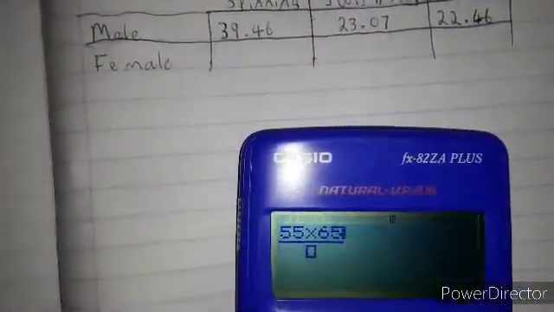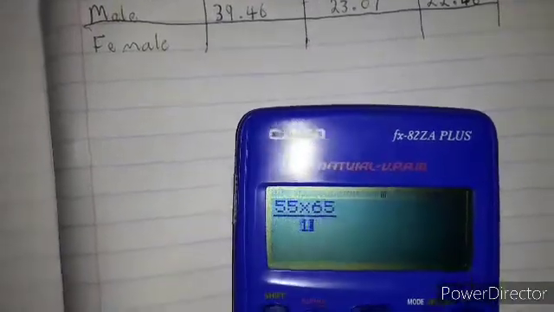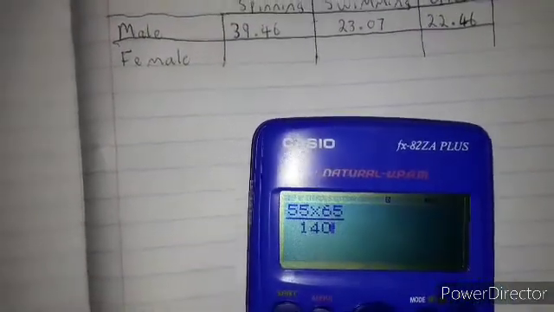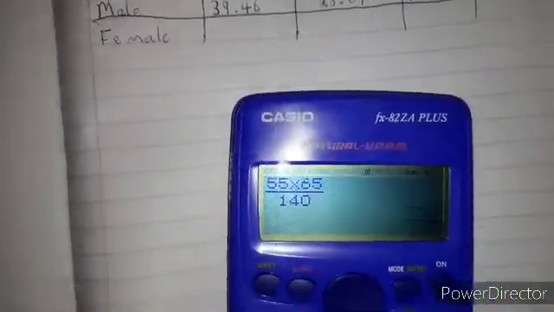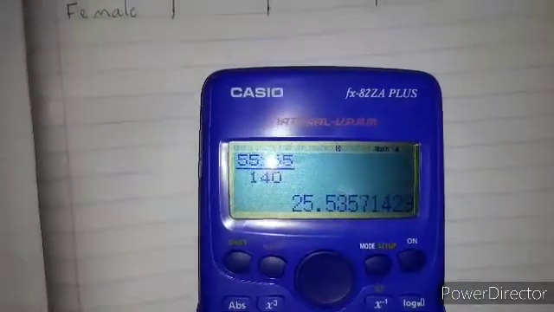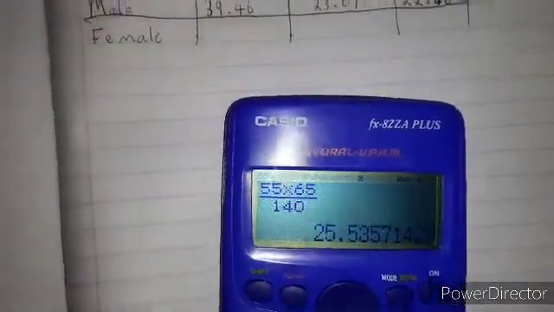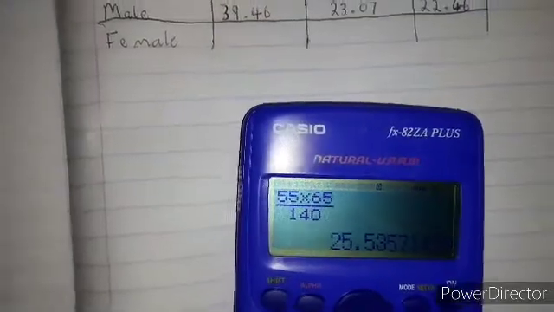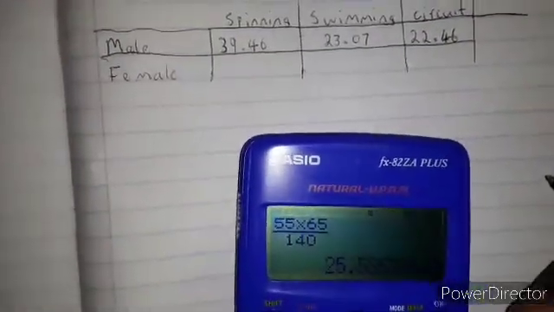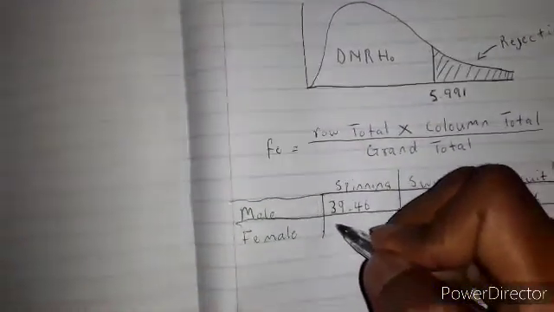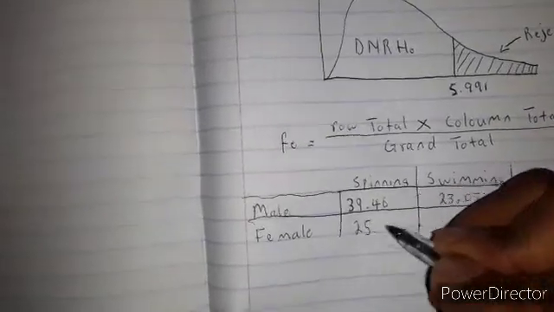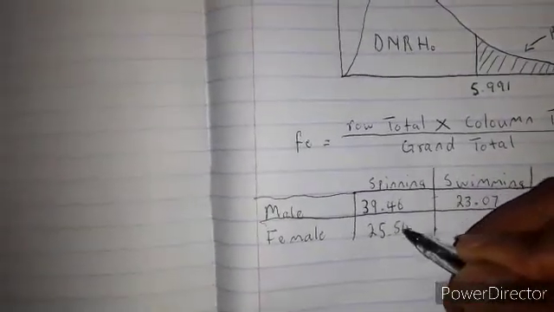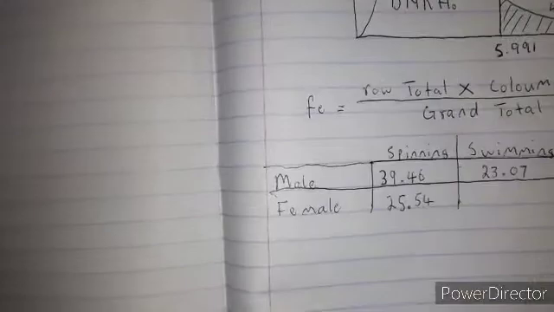So 65 divided by 140 is equal to 25,54. We are rounding off: 25,54.